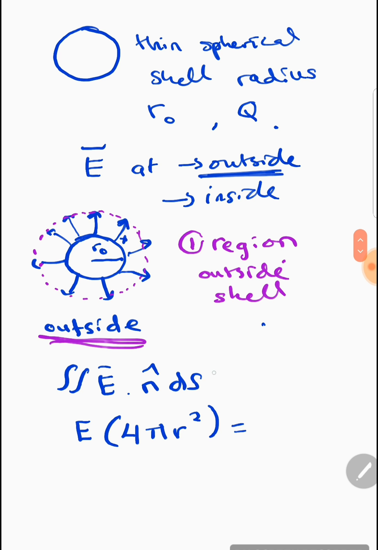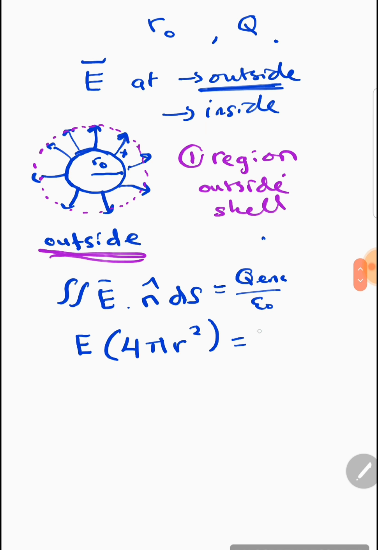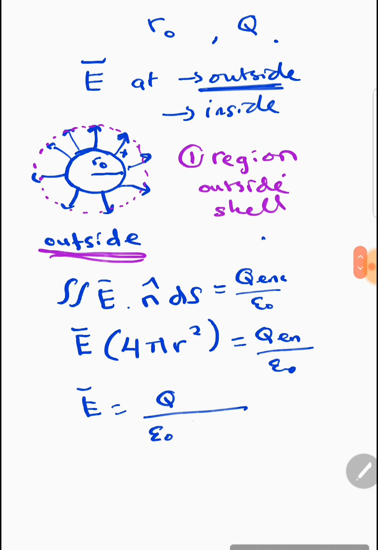That's one of the interesting things here. And what is it equivalent to, for Gauss's law? It's equivalent to Q enclosed over epsilon naught. In this case, it's just Q as given. So my electric field will be Q over epsilon naught times 4 pi r squared.